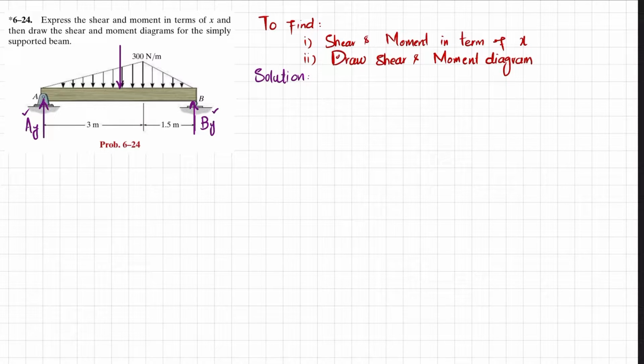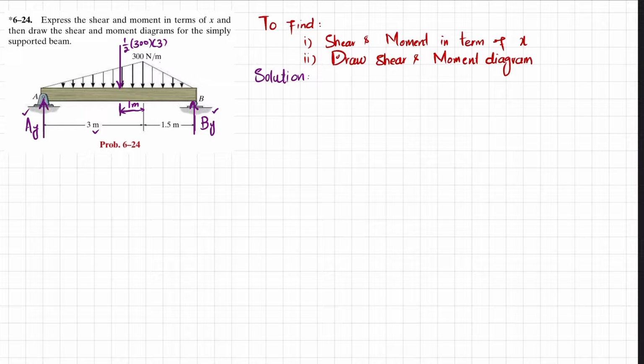I will convert this into a point load, and this will be equal to 1 over 2 into 300, and its length will be 3, and this will be acting at a distance of the total length divided by 3, which is 1 meter. Clear?